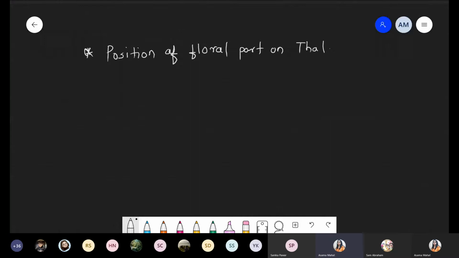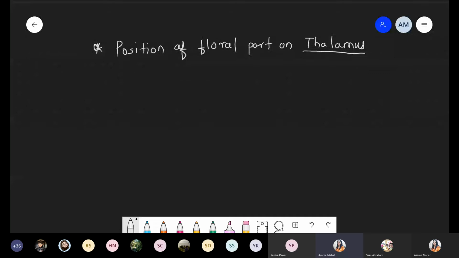That base is simply called the thalamus. Okay, so we are talking about the floral part. What is the exact position where these are present? These are present at the center, below the plane, above the plane. So on the basis of that, we are talking about three types of flower or three types of position, which is totally based on the thalamus.